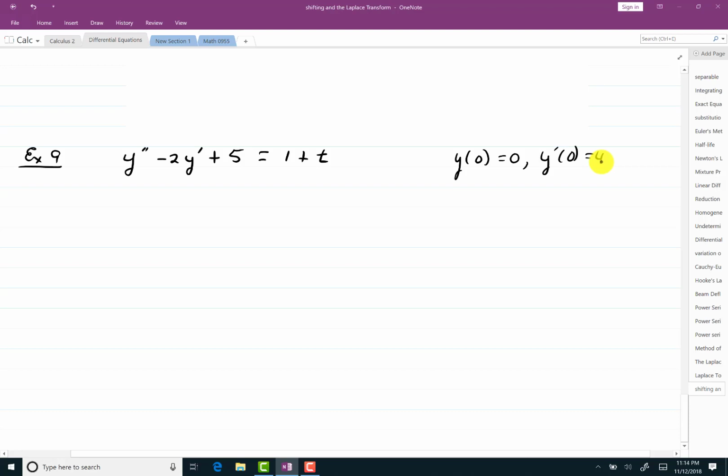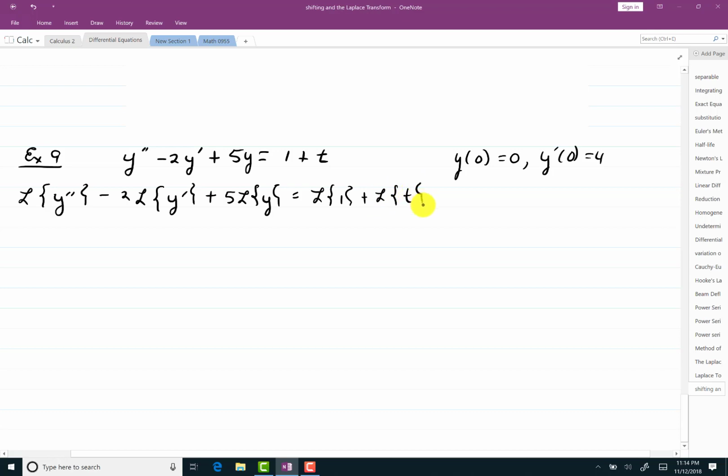Alright, so as usual, I'll take the Laplace transform of each side. There should be a y there. And that'll be the Laplace transform of 1 plus the Laplace transform of t. And let's do our normal business here.